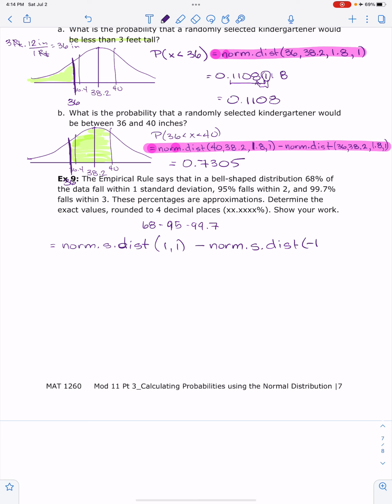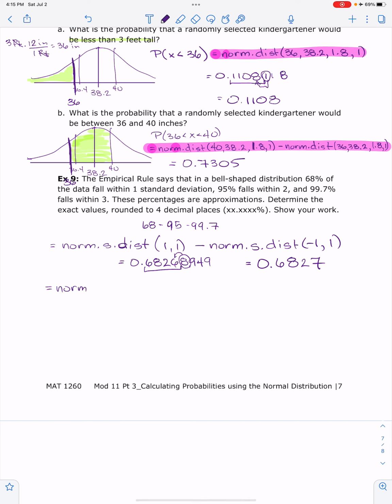Here's my 1 standard deviation below. When I plug that in, I get 0.68268949. When we round that to 4 places, the 8 tells us that we round up. I get 0.6827, so just slightly over that 68%.